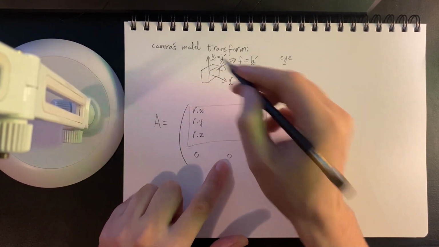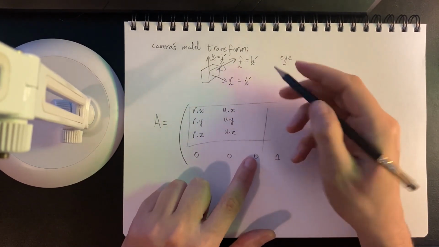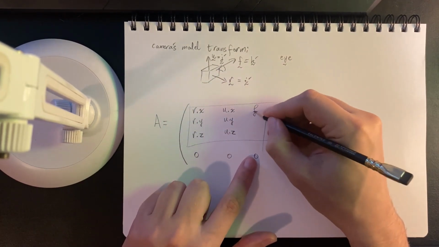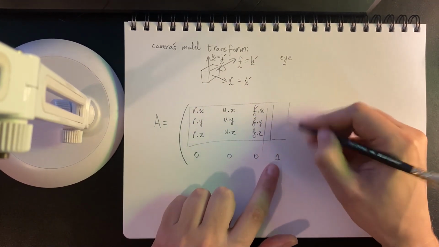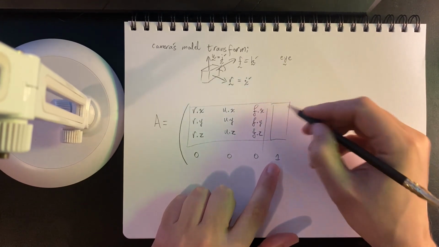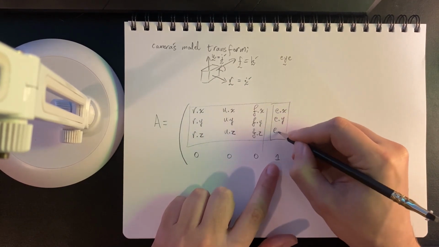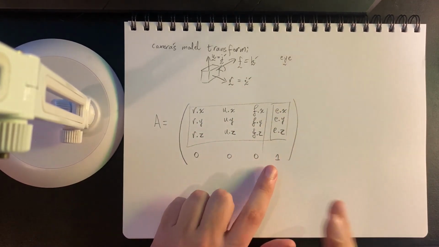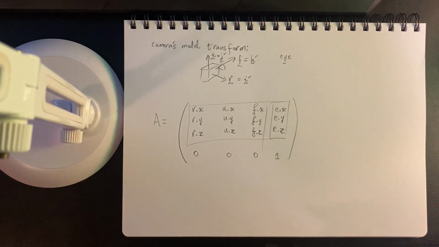Then for the j dash, we have the up vector. And then for the k dash, we have the forwards vector. Now, the translation component of the geometric matrix is really just its position: the x component, the y component, and the z component. Okay, great. Now, our goal is to find the inverse of this.